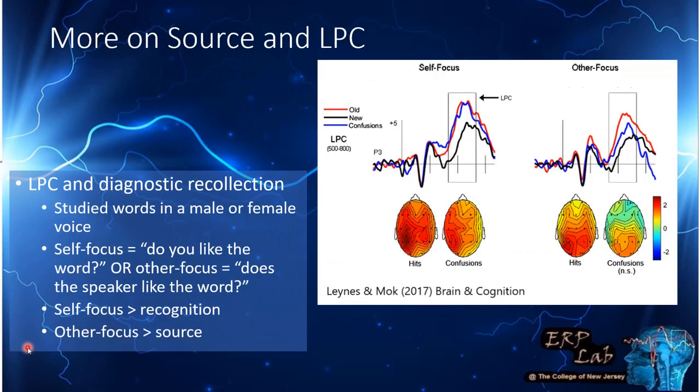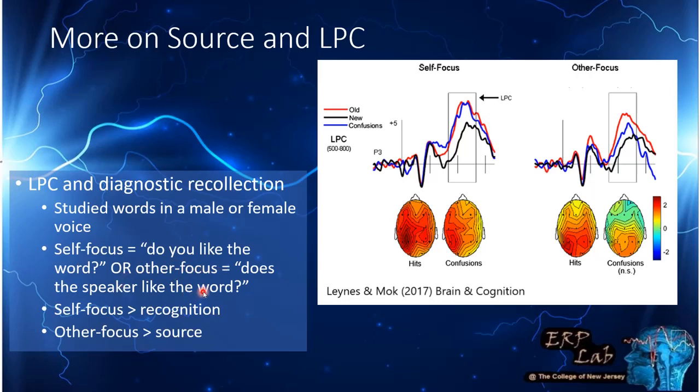We have to be careful about simply using source judgments as a measure of recollection, because it's a little bit more complicated than that. What we did in this study is we had people study words in a male or female voice, and in one condition they used a self-focusing condition. They were asked, do you like the word? So they were relating it to themselves. And in another condition, they were focused on the speaker: does the speaker like the word?